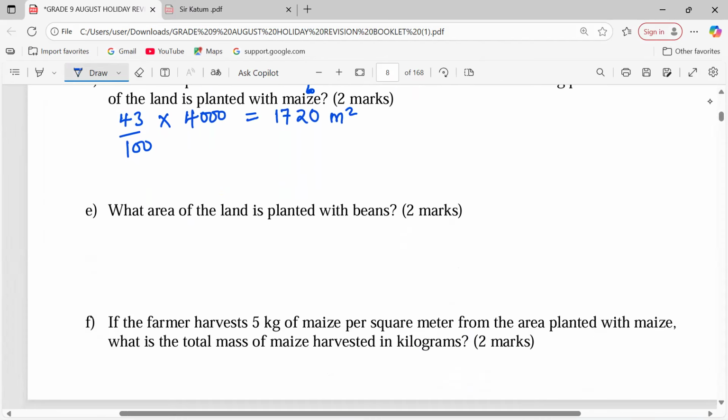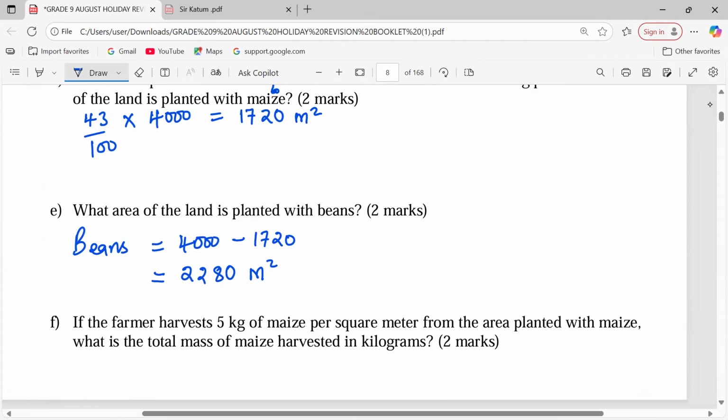Then the other part will be occupied by beans. So for beans, it's just the remaining area, which is going to be 4,000, and we subtract the part where maize has already occupied. Remember, that can be done with an alternative. We just use the remaining percentage, which is, let me just work it out.